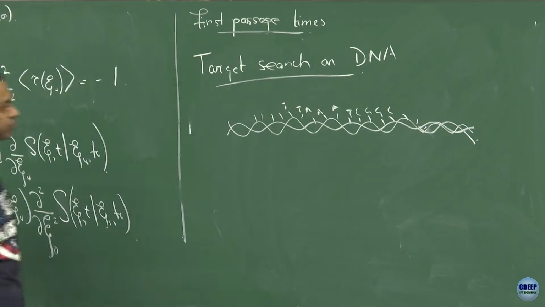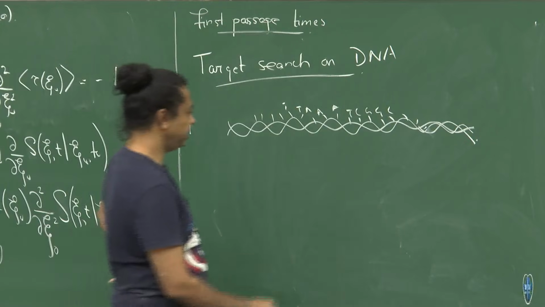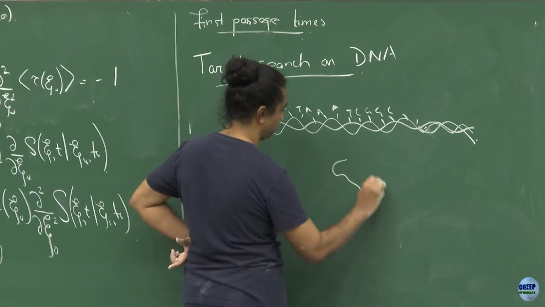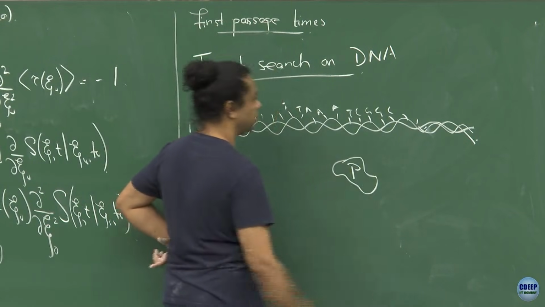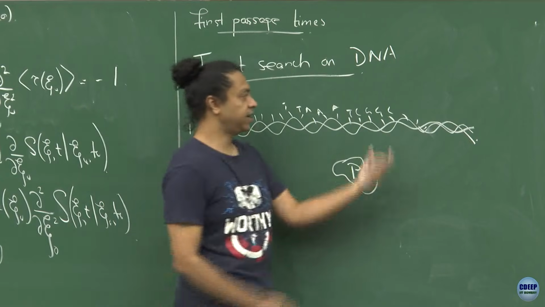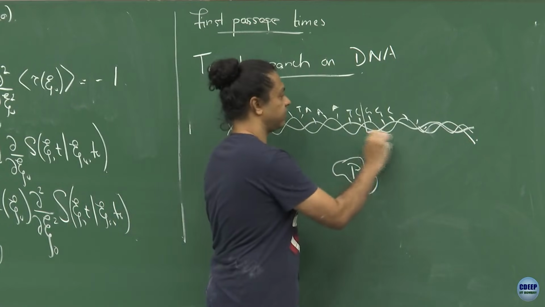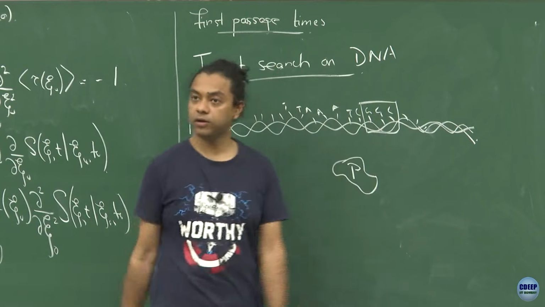Right. So this has your sequence. And let us say I have a protein. I have some protein molecule P that needs to find a binding site on DNA. Let us say this is the binding site for the protein.